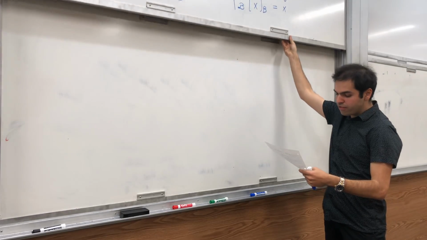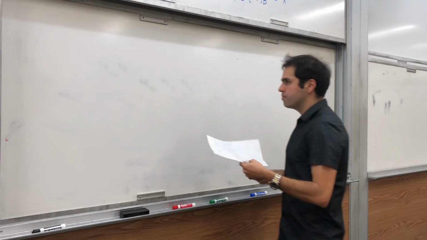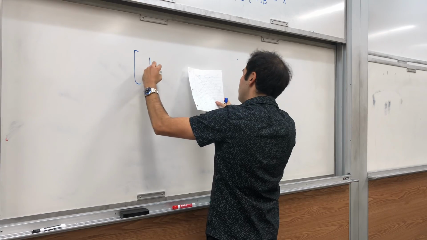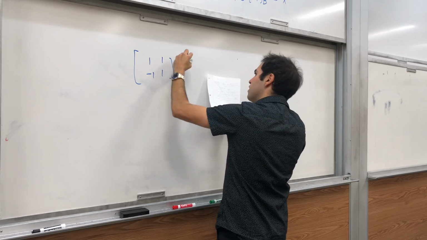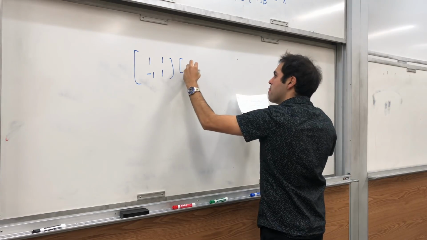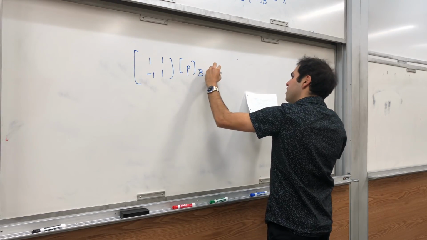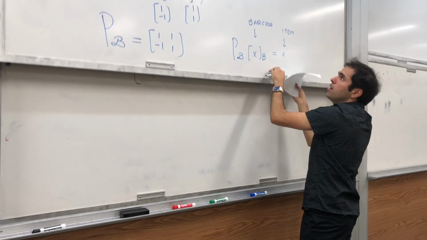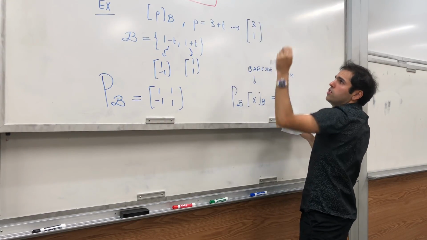So now what we have to do, it's simply, using this formula, [1 1; -1 1] times the stuff we want to find, the coordinates of P with respect to B, equals P, but P, remember, if you think of it in terms of coordinates, is just (3, 1).